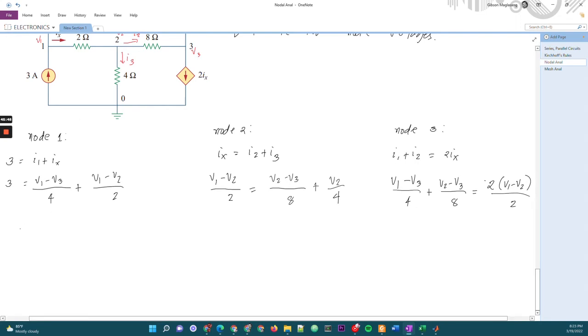So, we have 1/4 plus 1/2, okay, we have V1 minus 1/2 V2 minus 1/4 V3 equals 3.